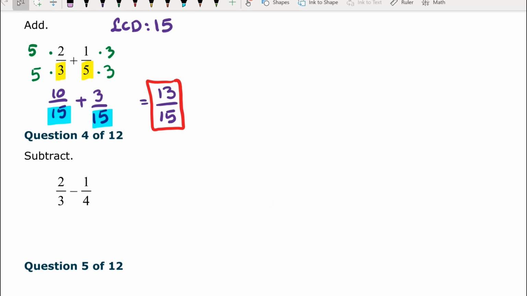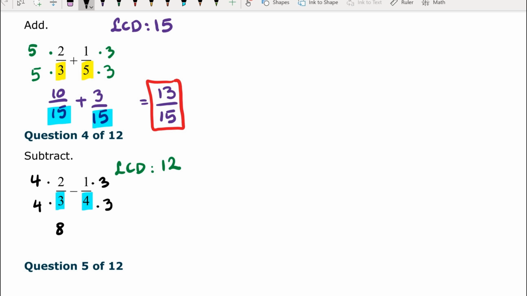Alright, we look at problem 4. One fraction has denominator 3. The other one has denominator 4. So we're going to find the least common denominator, which is 12. We will multiply the first fraction by 4 for top and bottom, and the second fraction by 3 for top and bottom.